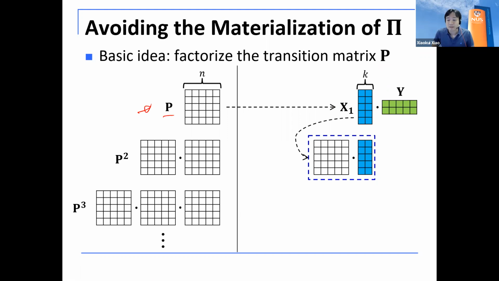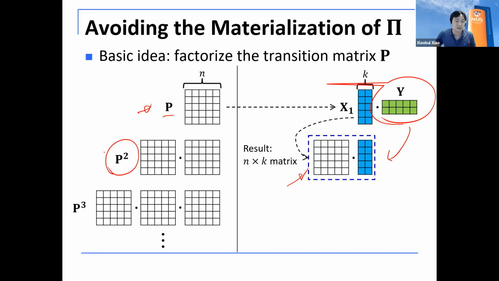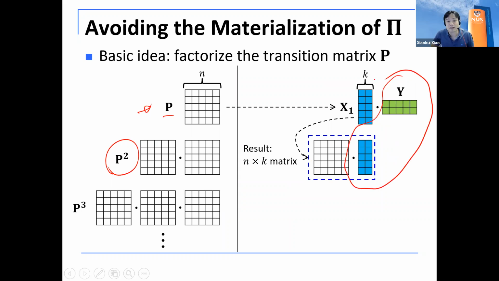So why do we do that? Well, if you think about it, the result of this multiplication will still be an n by k matrix, so it will not take up too much space. And if you combine this n by k matrix with the matrix Y here, then you essentially have a factorization of the second power of P. The reason is that the combination of Y and X1 here is an approximation of the transition matrix.